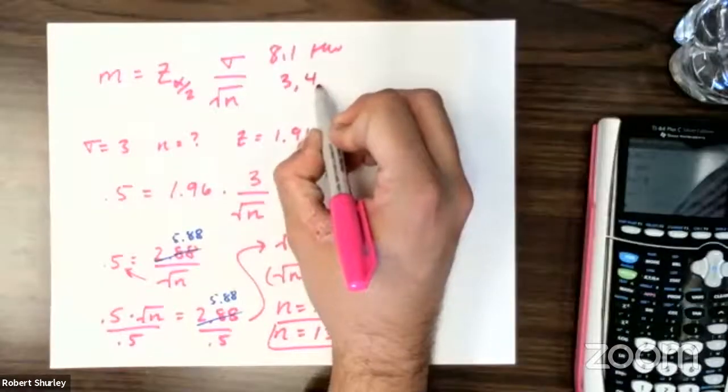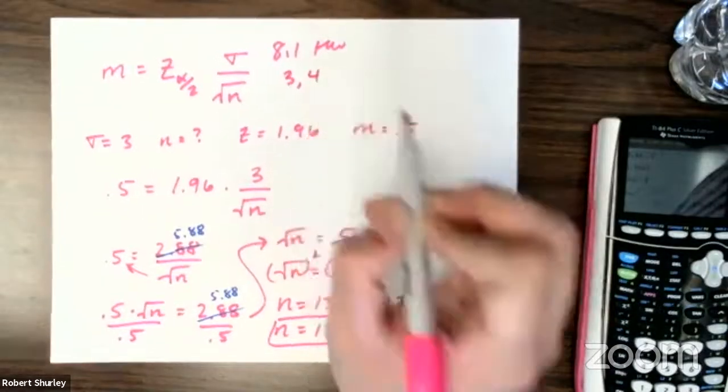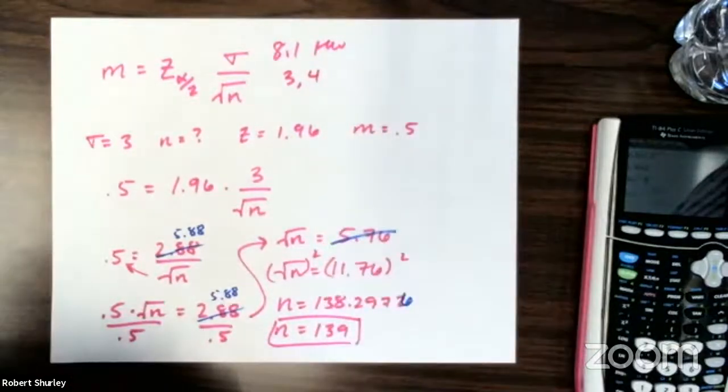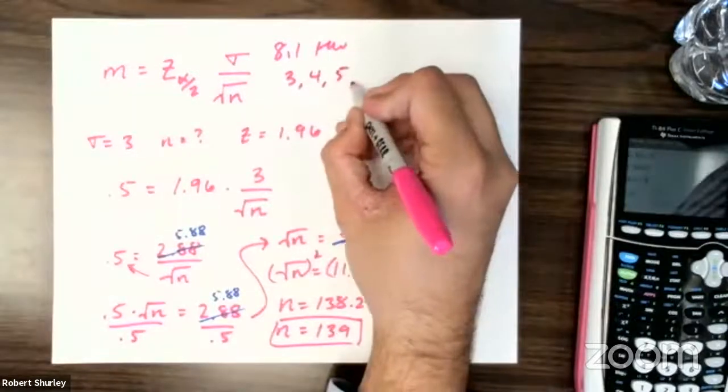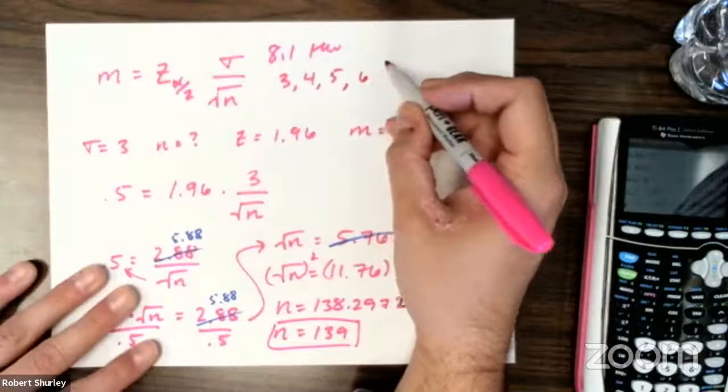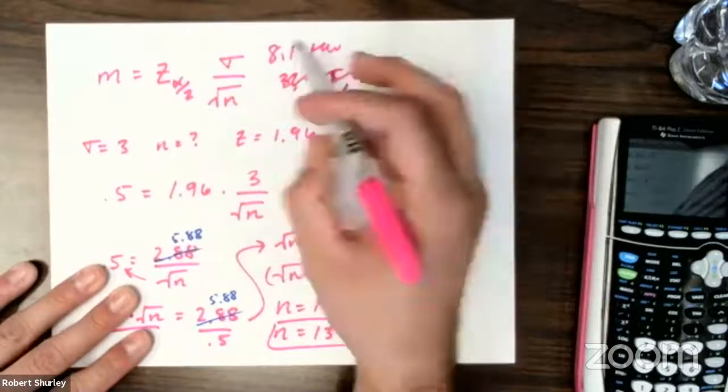So number 3, number 4, I want you to do. Number 4, 5, 6. Okay, hold on. 3 through 8.